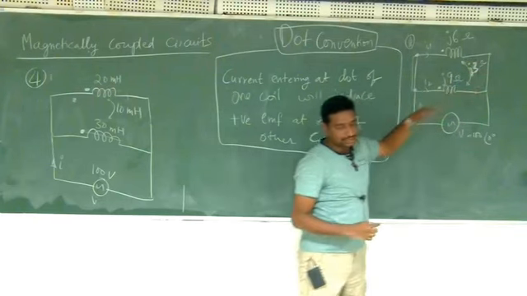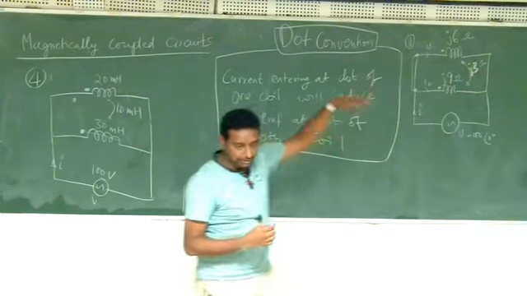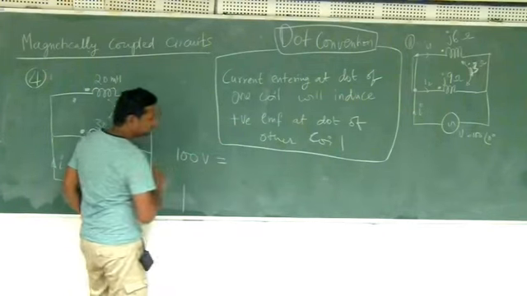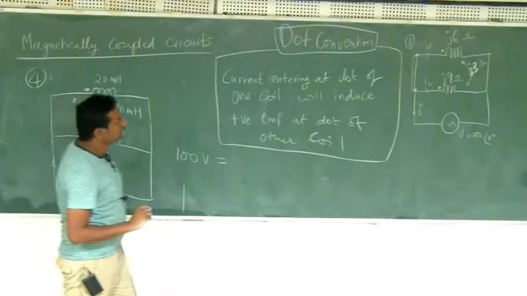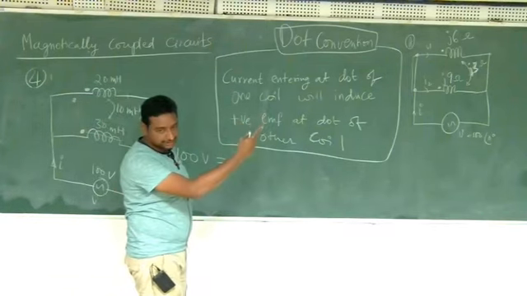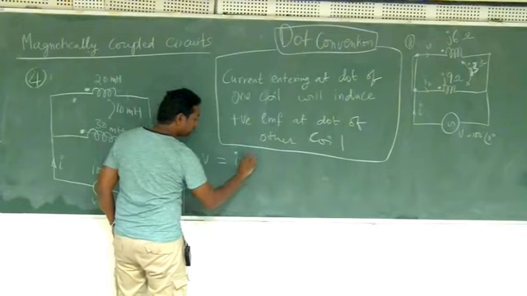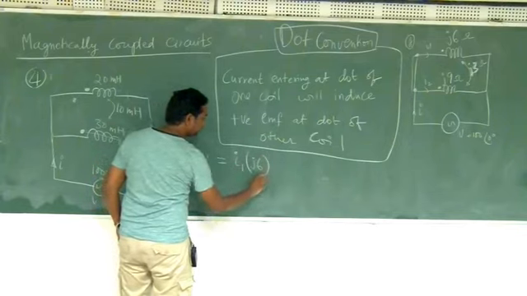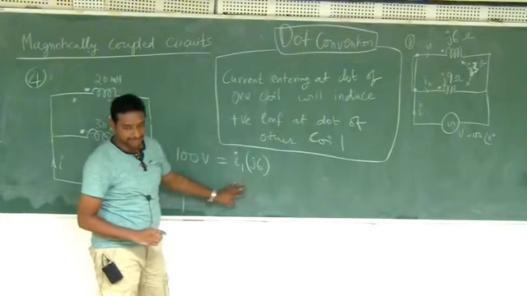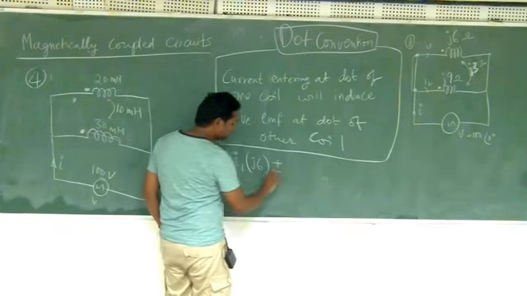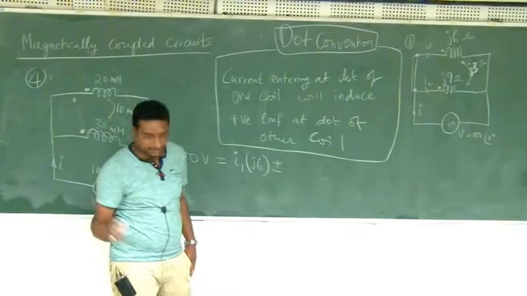Applying Kirchhoff's voltage law for the upper route, I'll get 100 volts equal to I1 multiplied by J6. This is a voltage drop, amperes into ohms, volts. Now plus or minus, we'll decide later.